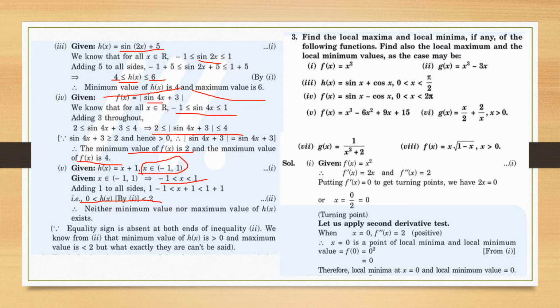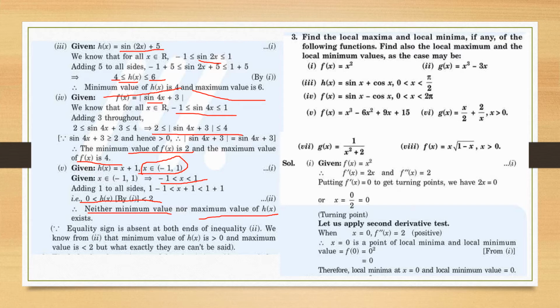And you can see from all these that we have to look at the sign of greater than or equal to or less than or equal to. In such a case, we say it is neither minimum nor maximum, as the equality sign is missing.